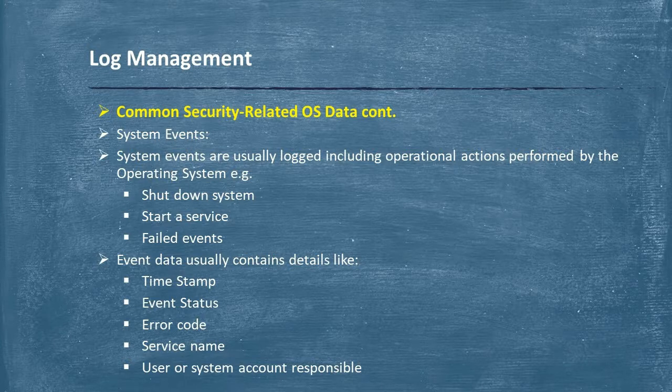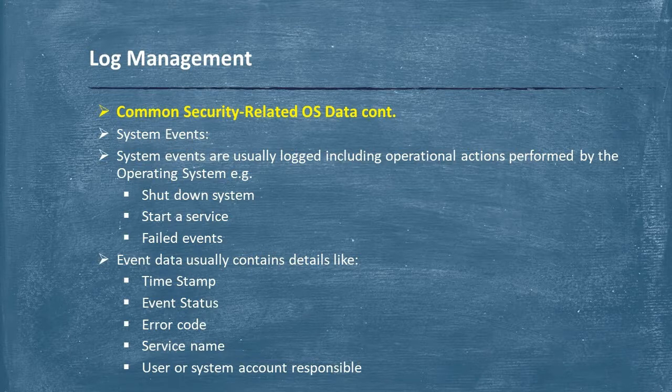Now relating to the system events, what are the typical system events that get logged: shutdown time, start of a service, failed events. The event data usually contains the timestamp, status, like whether failure or success.